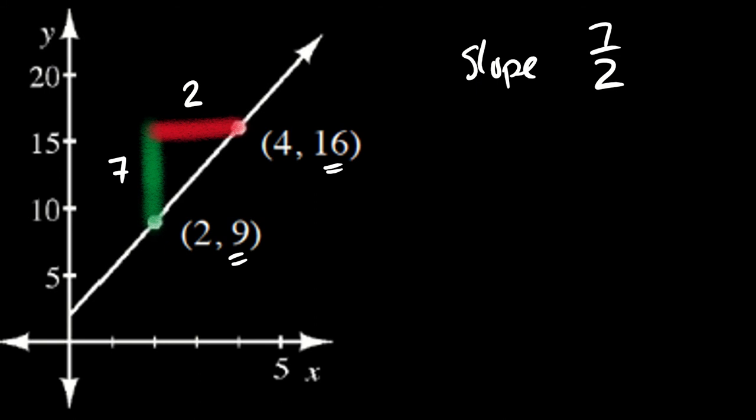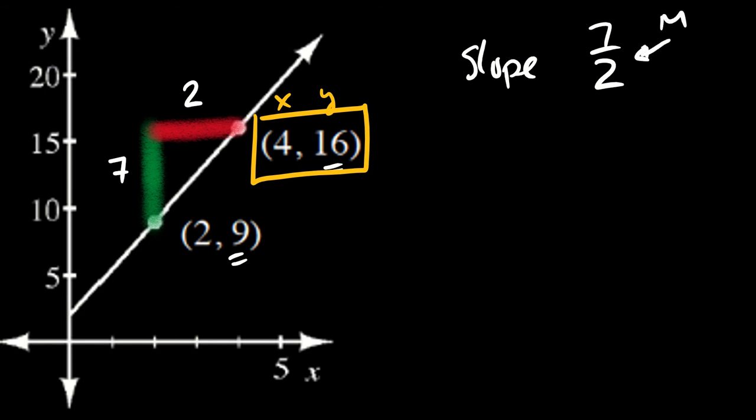Now, if I want to create the equation of this line, I'm going to pick either one of the points, and it honestly doesn't matter which one. I'm going to pick this point. This point has both an x value and a y value, and we already know our slope parameter m.